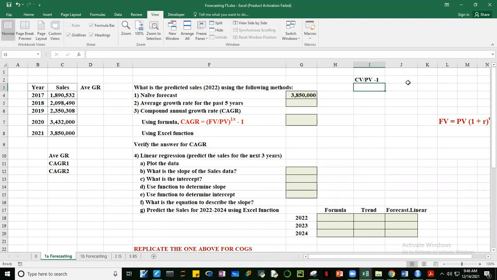Maybe in your high school or other subjects, you were taught that this is the current value minus the previous value, and then divided by the previous value. These two are equivalent formulas, of course.